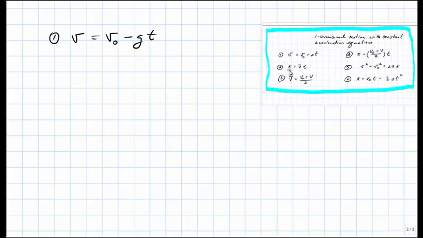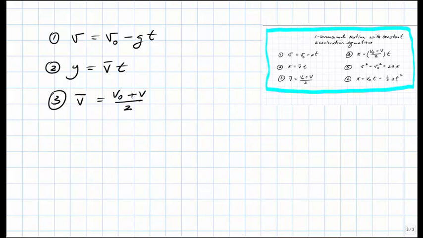In equation number 2, we'll substitute y for x. So now equation number 2 reads as y equals average velocity times time. Equation number 3 has no changes whatsoever, and so we'll just reuse it as v0 plus v over 2.